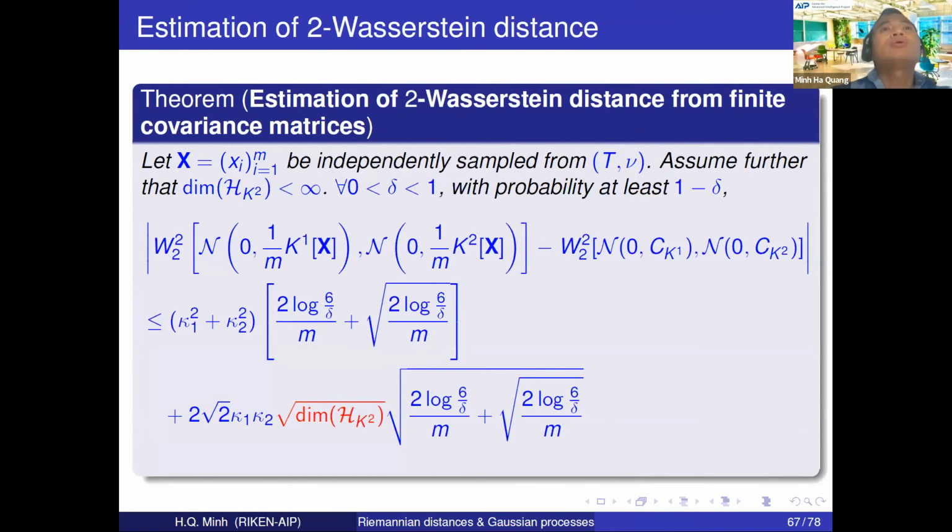And if we know the covariance matrix on a finite set X, we can compute the empirical version. This is a consistent approximation of the theoretical distance. So basically, computation is done in an empirical kernel space, even though the entire space is infinite dimensional.